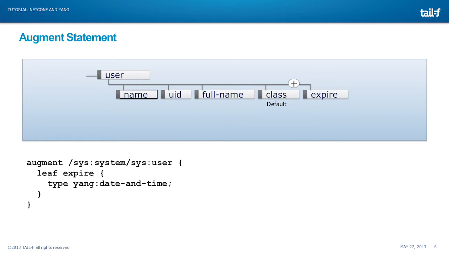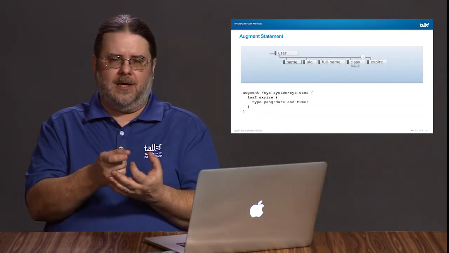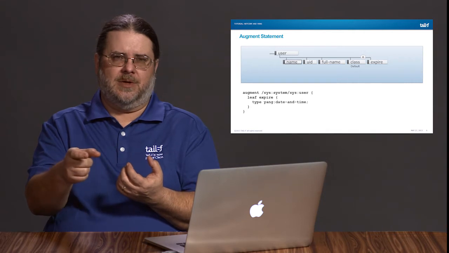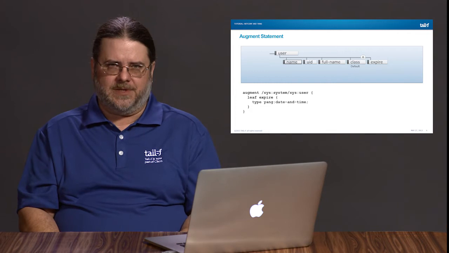So in our module we would have imported the module that has the user table under it, given it a prefix of sys, and then used the augment statement as you see here to say under system user, for that user list, augment it with this expire leaf. So you're adding this extra column to those rows in the user table by using the augment statement.